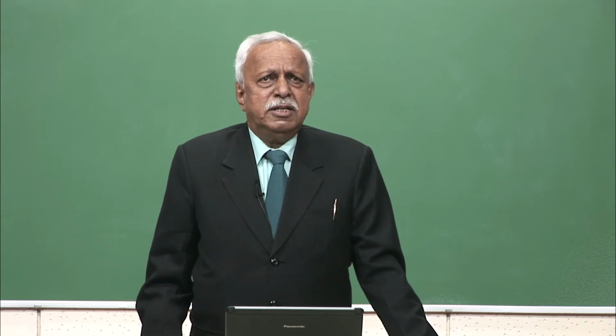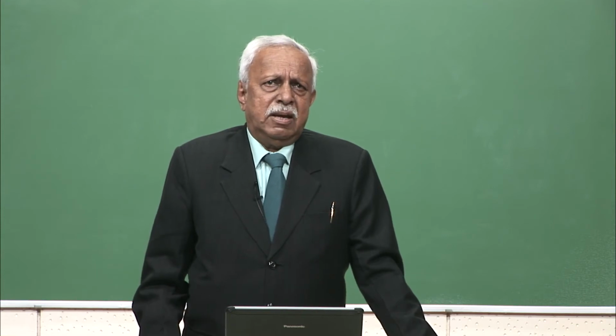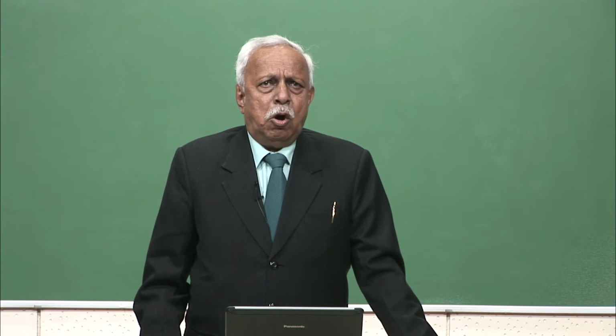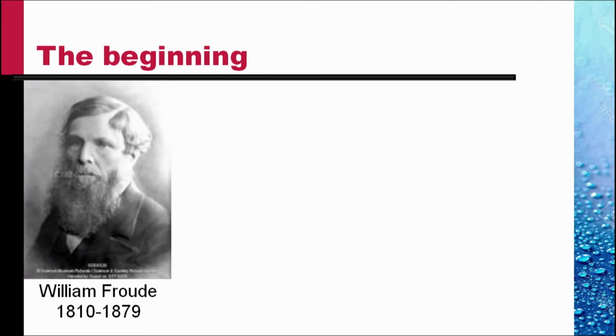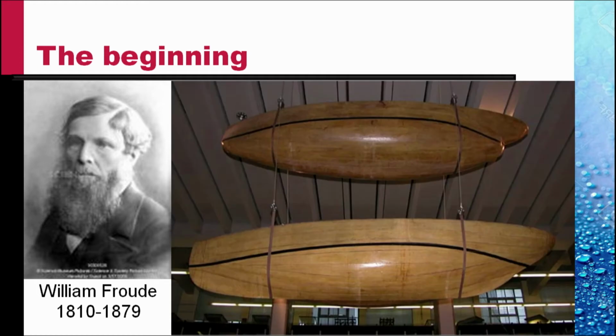In the process of designing ships for low resistance, he came up with the idea of designing small models. The models that he made were various boats of the sizes of 3 feet, 6 feet, and 12 feet. With these, he found out the drag that these boats experienced.